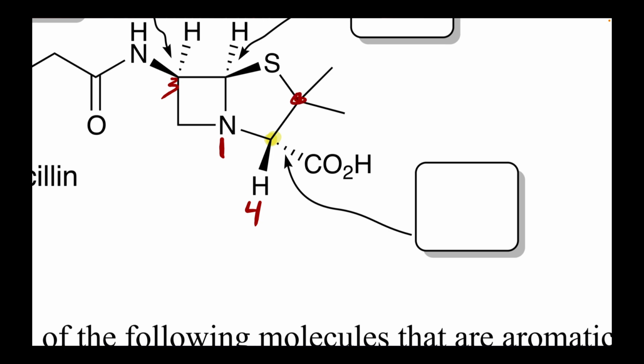Which has higher priority? The carbon bonded to the oxygens. This would have 3 bonds to oxygen: a double bond oxygen and then a single bond oxygen. This other carbon is attached to 2 carbons and a sulfur.